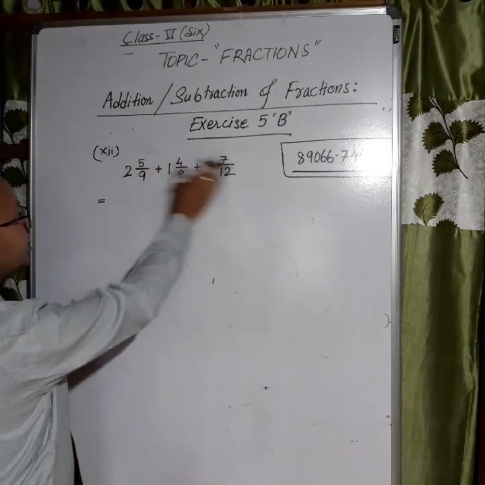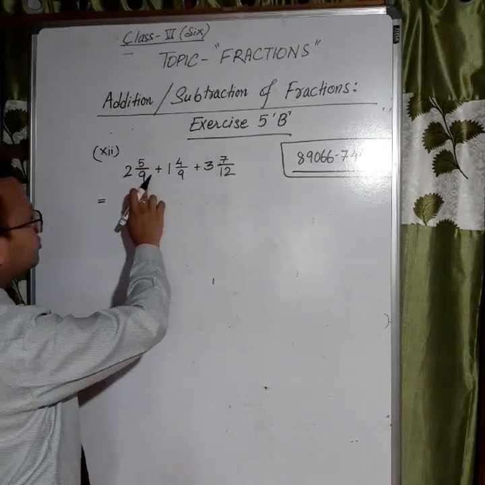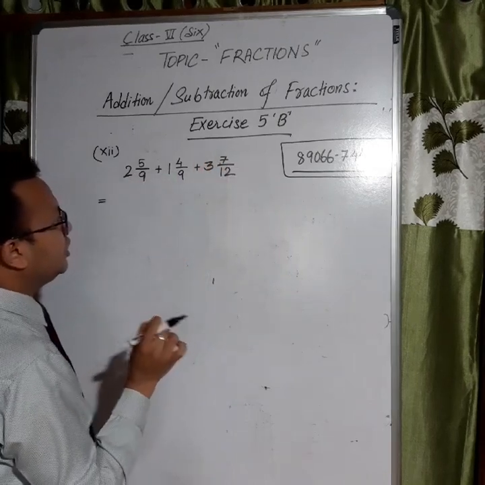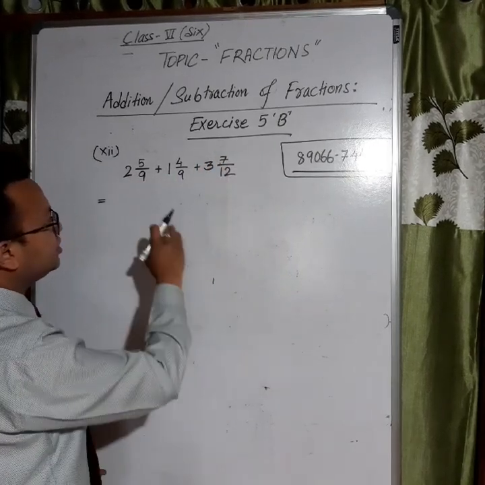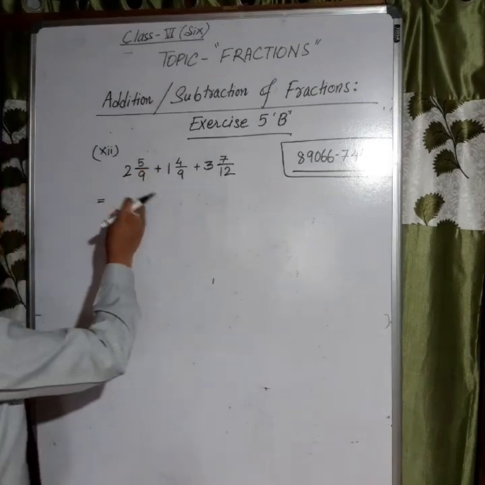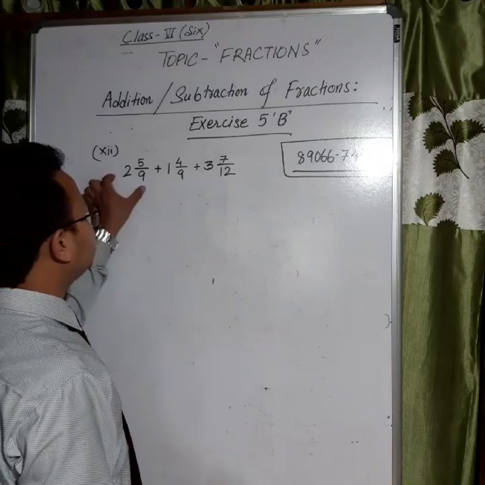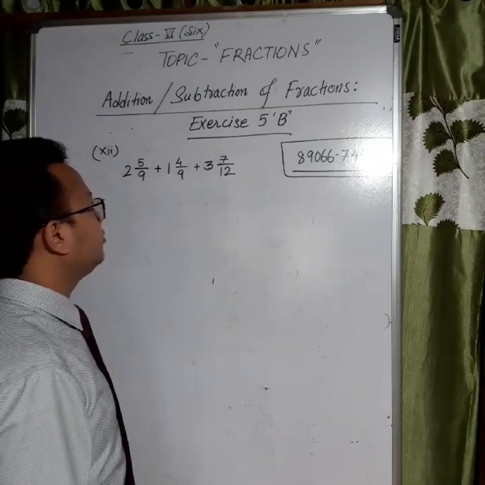So now in this case we can easily see that the denominators are 9, 9 and 12, and on top of that it is mixed fractions. So first and foremost, we'll try to convert these mixed fractions into improper fractions.